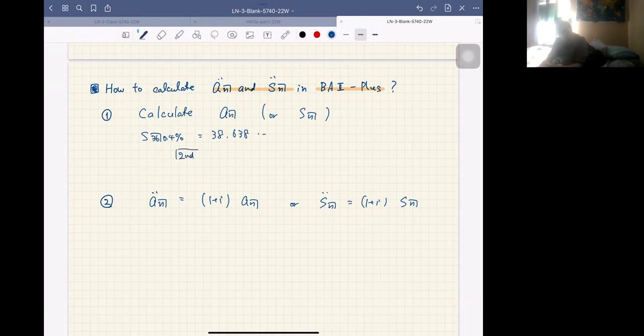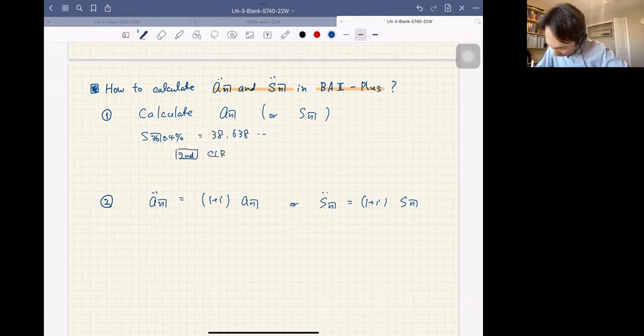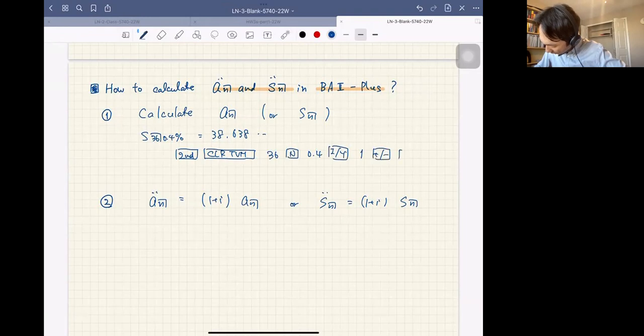At first, second, clear memory, clear TVM. Then 36 N and 0.4 I/Y, and the $1 payment and plus minus payment.